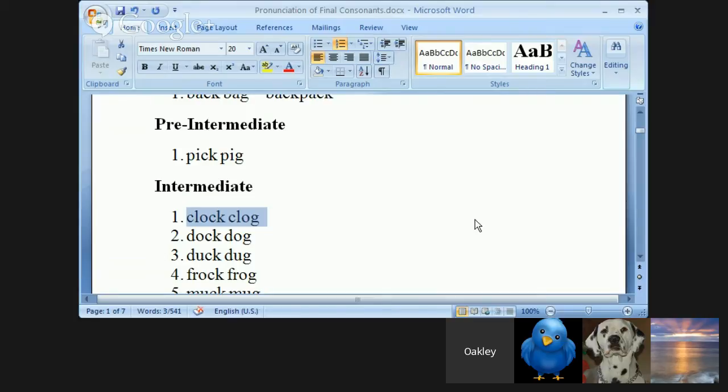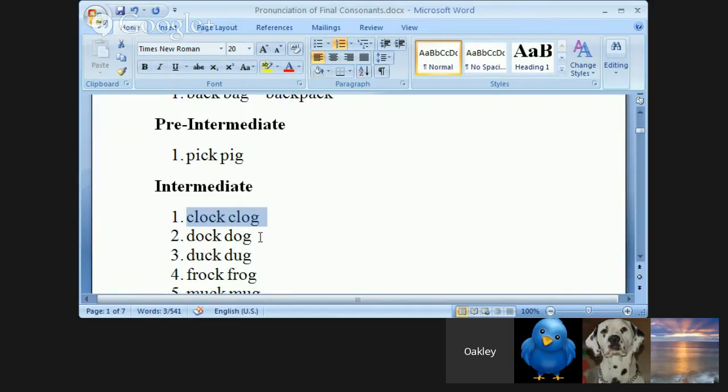Okay, we have another thing going on here with this particular pair. This is an important point. This word ends with a K. This word starts with a K. So all we really have to do when we put these words together is say clock clog. That's it.